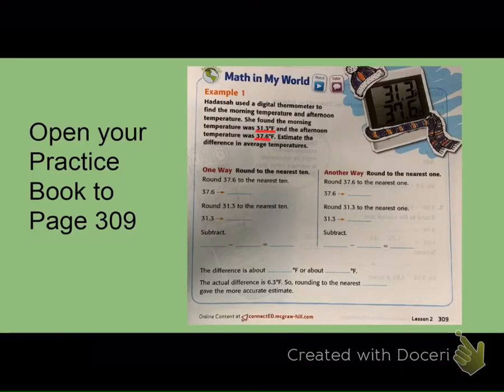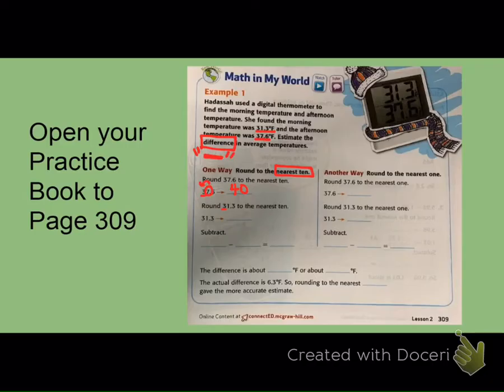They want us to estimate the difference, and we learned from our vocabulary, difference means we're going to be subtracting, right? So we're going to have to round each one of these, and they want us to round it to the nearest 10. So we're going to underline, we're going to circle. That 7 is going to make it get bigger, so the 3 gets bigger. So the estimated value is 40. And we're going to round 31 and 3/10 to the nearest 10.